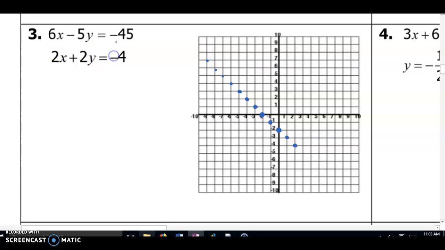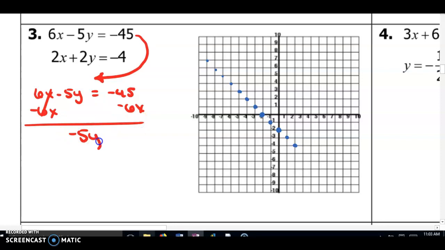The top equation is not as easy to do that with because your x-intercept is not going to be a whole number. So it may be easier to just transform this into slope-intercept form. We're going to do that by getting the y term by itself and subtract 6x from both sides.